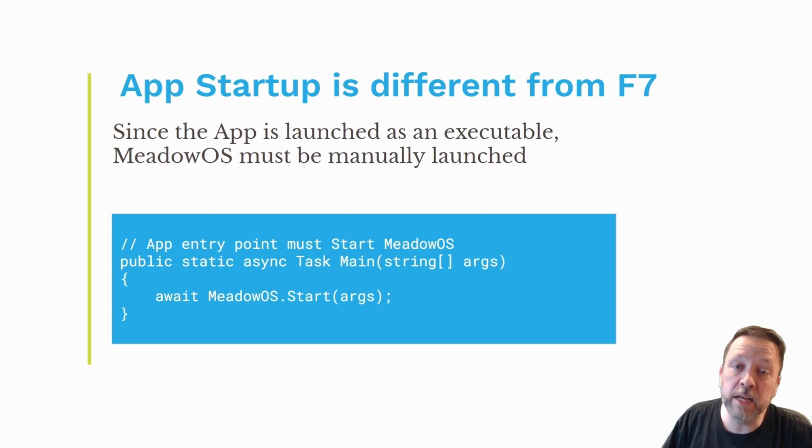You have to manually launch it. You can see here, we've got the public static main, which we define, and inside of it, we must call Meadow OS start. We need to await this because it's an async, and this will in turn launch our initialize and our start in our application class.